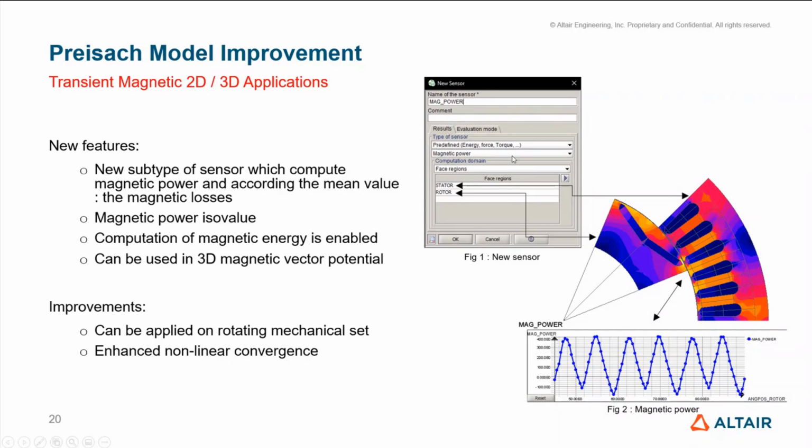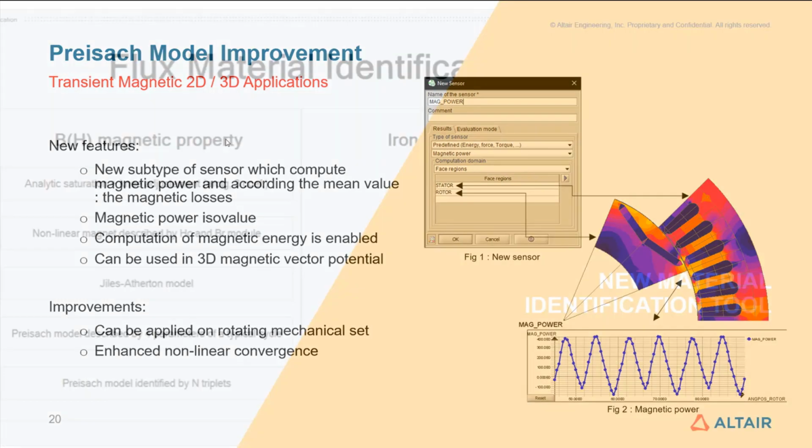That means the user can easily compute the magnetic loss for the stator and the rotor part, by defining a sensor and then clicking on the magnetic power, and at the end he can easily compute the magnetic loss. The improvement can be applied on a rotating mechanical set, and we have also enhanced the nonlinear convergence, some issues in this topic here in the PySec model improvement.